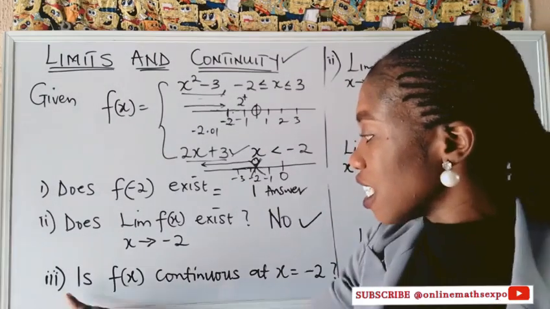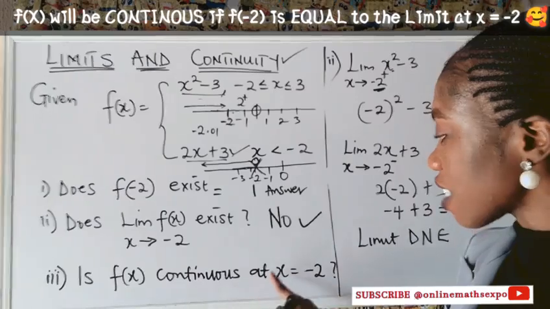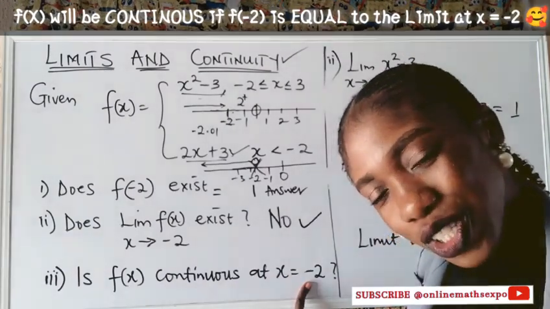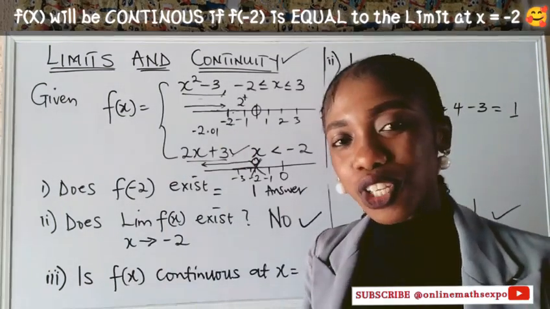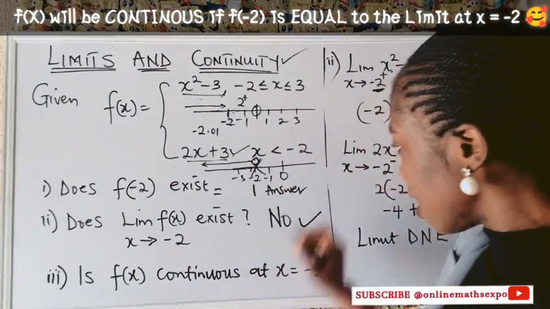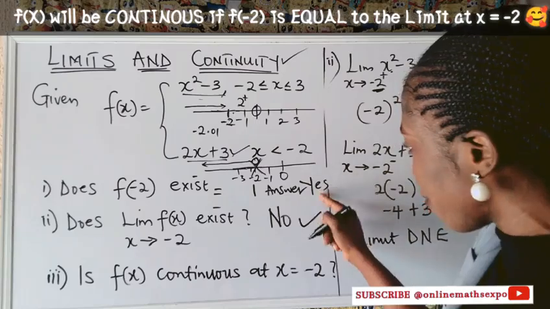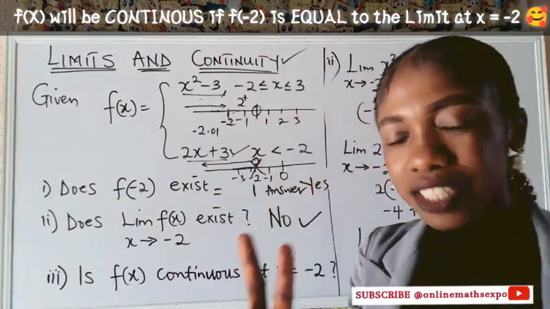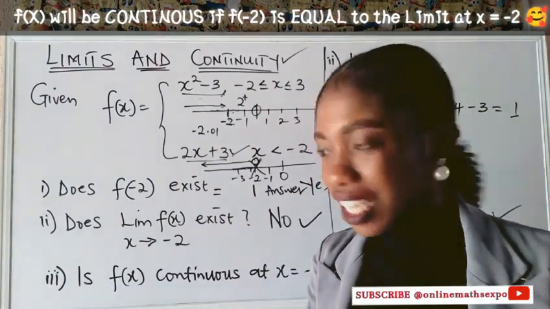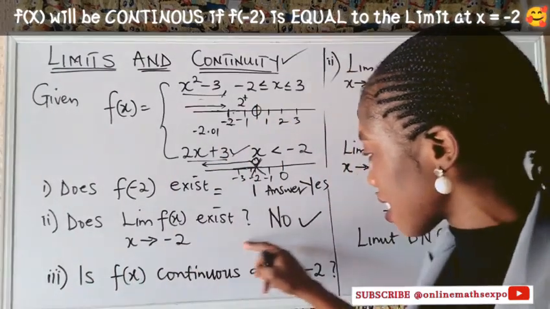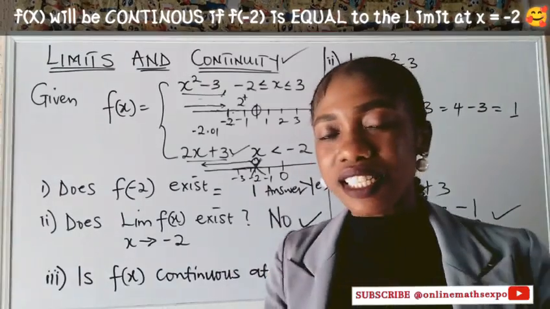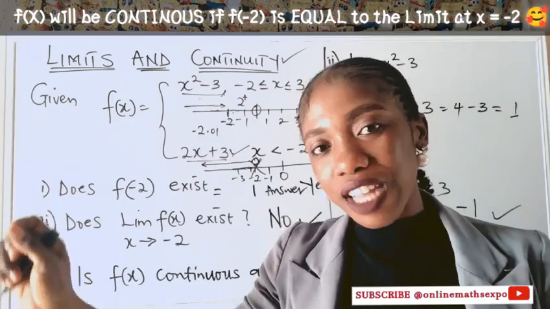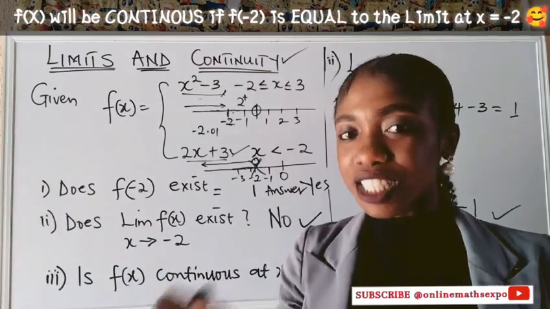Now the next thing is, is f of x continuous at x equal to negative 2? It will be continuous if the function is defined. Yes, this one is defined. The function is defined at x equal to negative 2. Second one, if the limit exists. The limit does not exist. Then the third one is if both the function is defined and that particular value is the same as what you have in the limit.